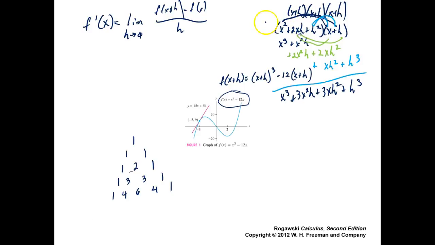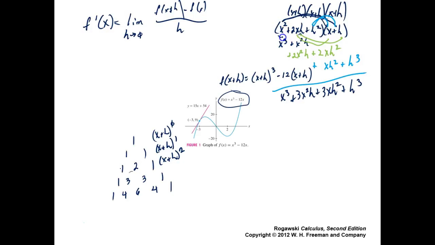There's a binomial. This is x plus h, say, raised to the 0th power. That's 1, right? And x plus h raised to the 1st power is just going to be x plus h. 1x plus 1h, right? And x plus h squared is going to be x squared plus 2xh plus h squared, right?